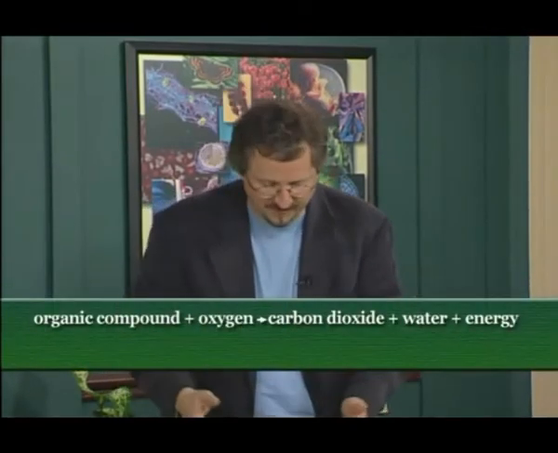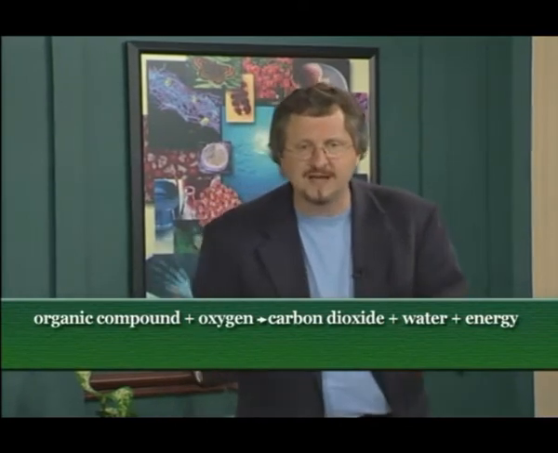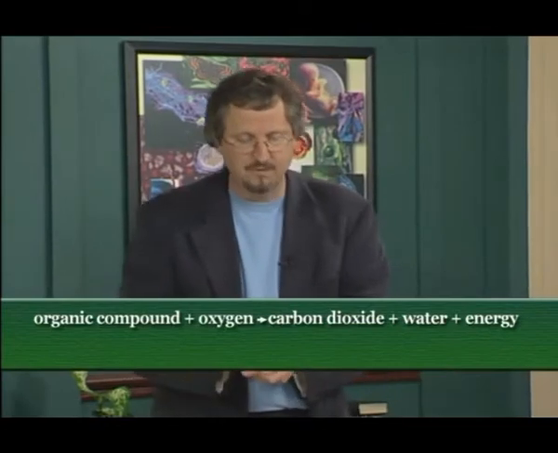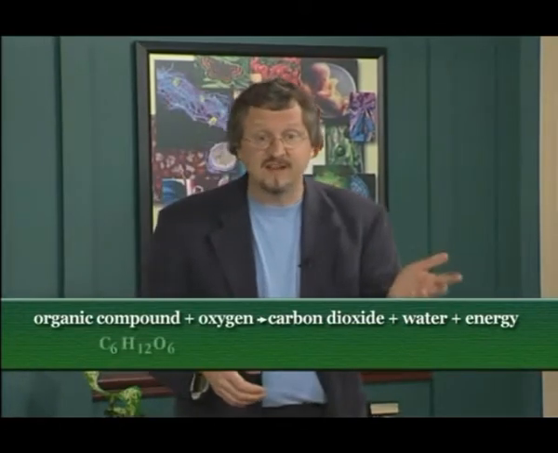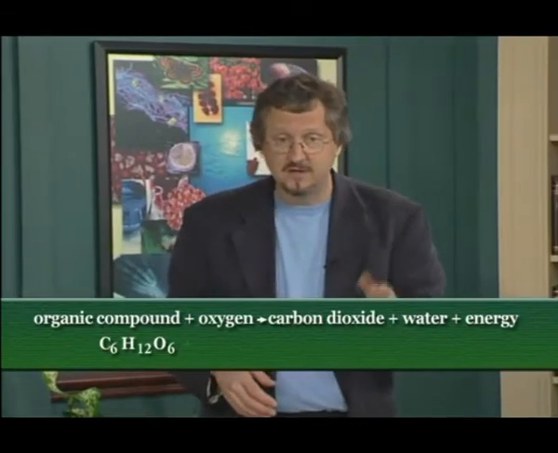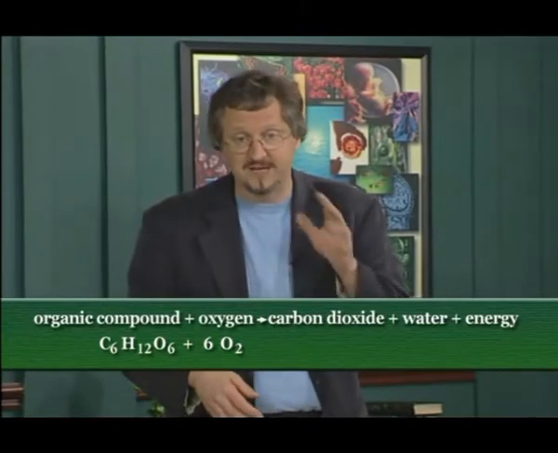Now, the reason I point this out is given that we know glucose is the major fuel used for the production of energy by the cell, it means we can rewrite that general verbal equation a little bit more specifically relative to what a cell has to accomplish. And if we were to write down the chemical equation for burning glucose, what we would write down is C6H12O6, that's the glucose, plus 6 O2s, those are the oxygens, and we need 6 of them.